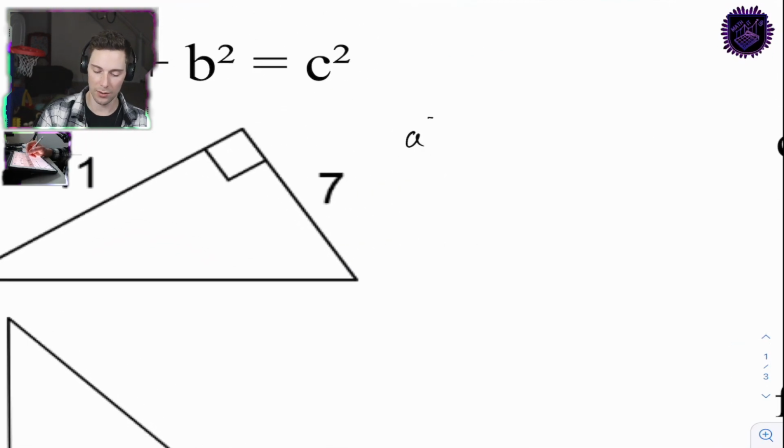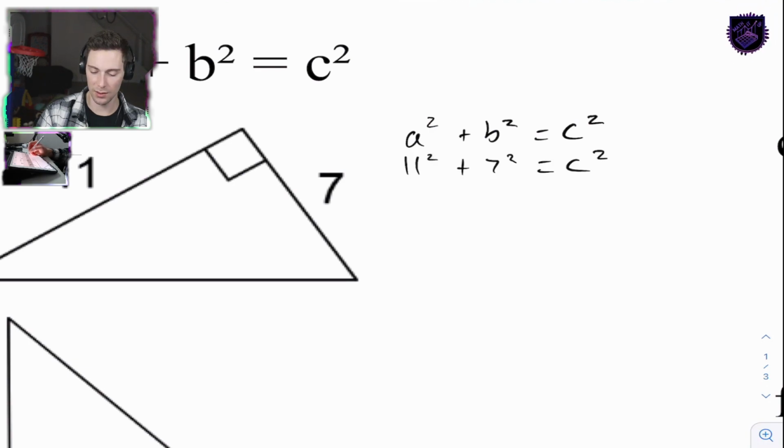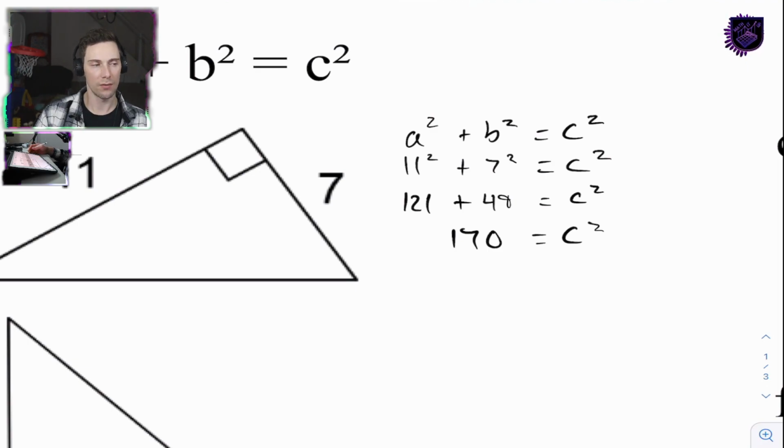Let's do 2b, 11 and 7. So we have a squared plus b squared equals c squared. 11 squared plus 7 squared equals c squared. So we have 121 plus 49 is equal to c squared, which will be 170. 170 is equal to c squared. 144 is 12 squared, 169 is 13 squared. So it'll be like 13.08.